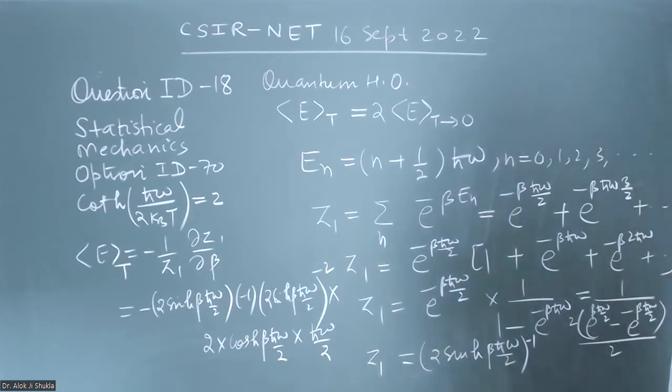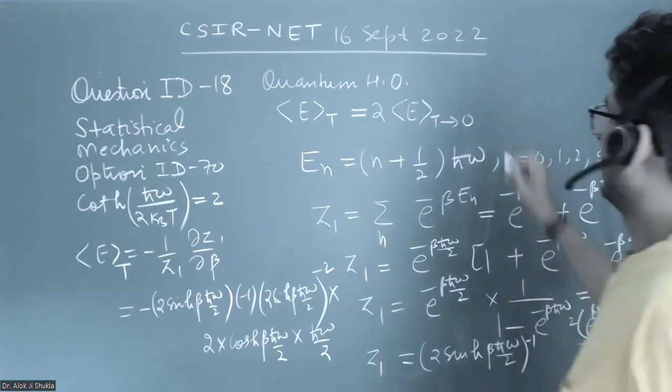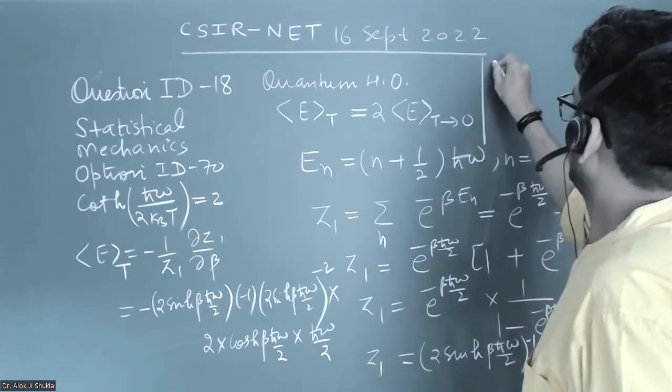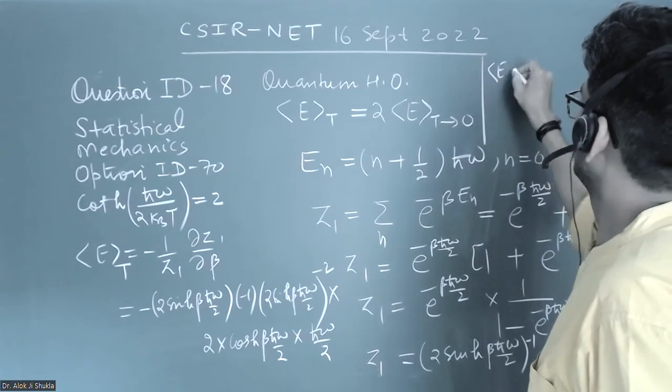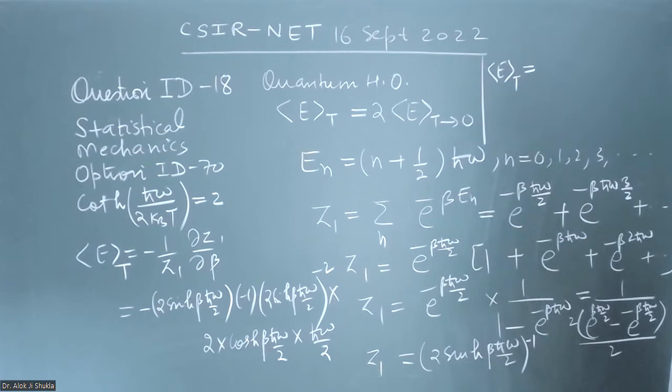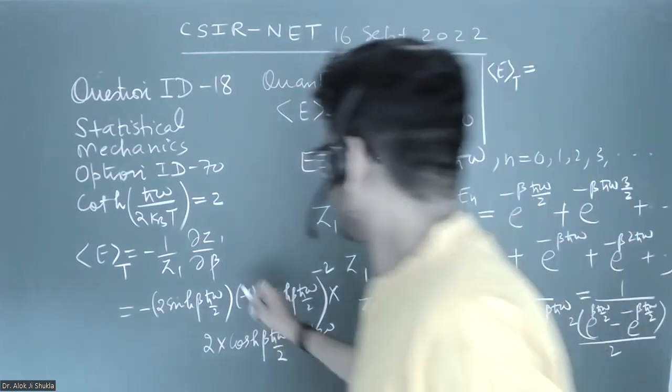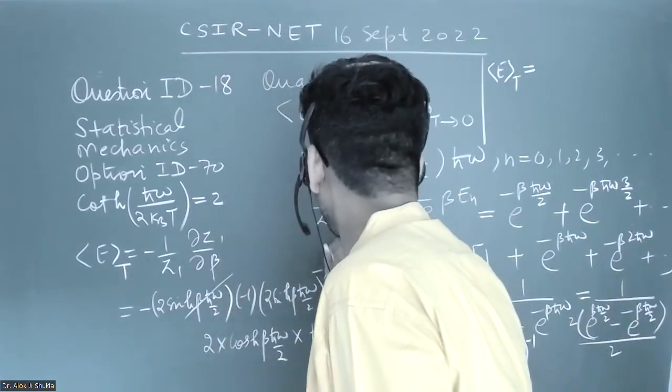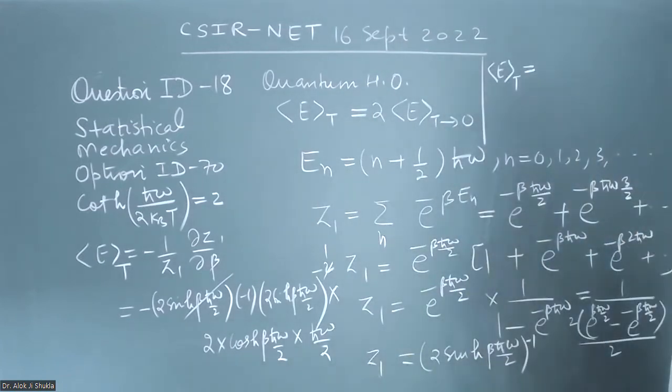Now write it carefully. The average energy at equilibrium temperature T will become, so this whole will cancel. Here I will get 1, that means minus 1.